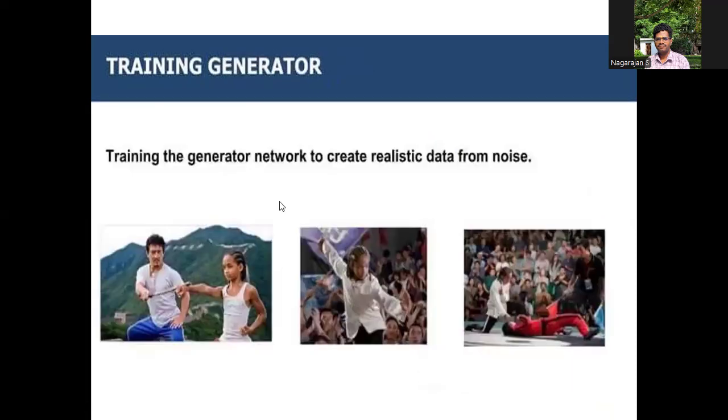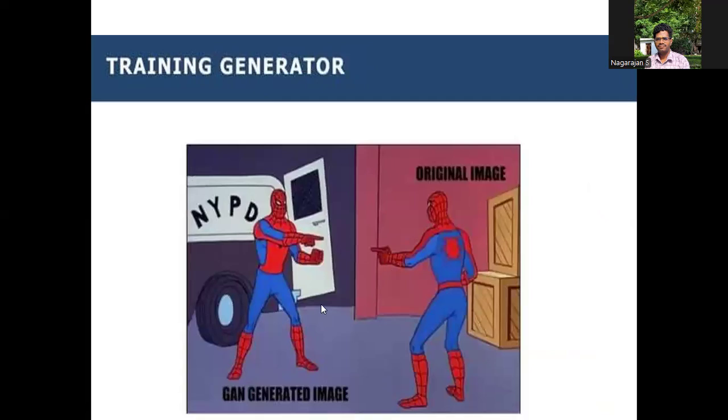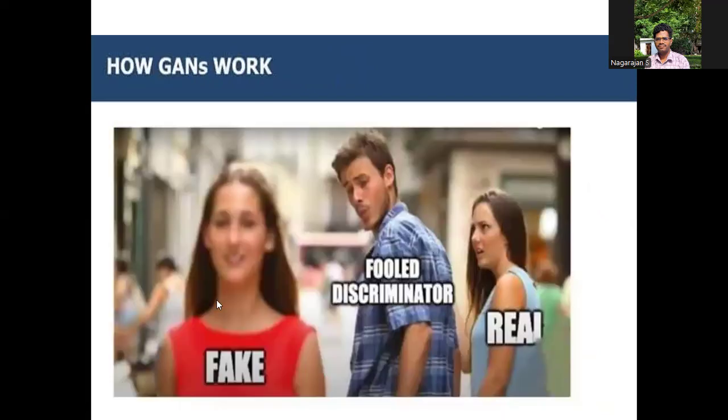And training the generator: here it is also helpful to create original-looking data from noise. On training the generator, the GAN generates an image, and this is the original image. With the help of these GANs, we can definitely compare the data sets, original and synthesized, and decide which is which.